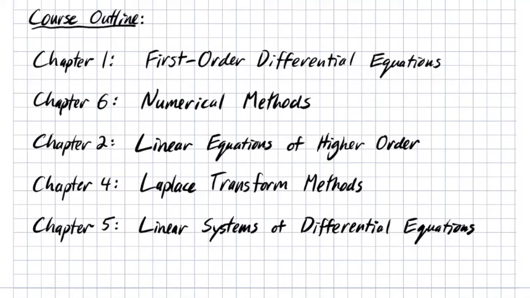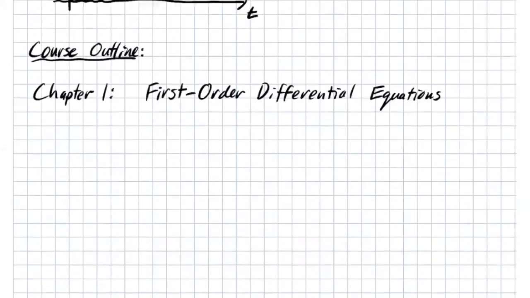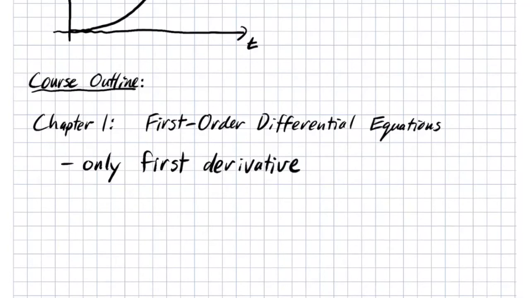So in chapter 1, we're only going to work with the first derivative. There won't be any second derivative or third derivative. We're just looking at equations involving the first derivative of some quantity and no higher derivatives.